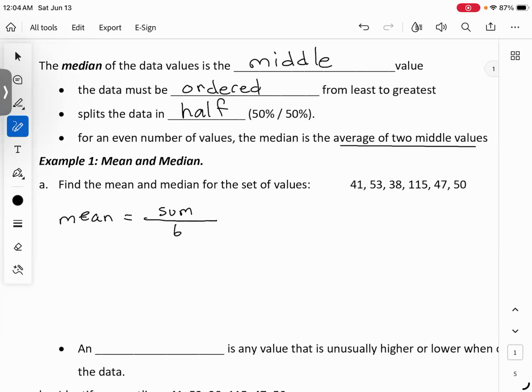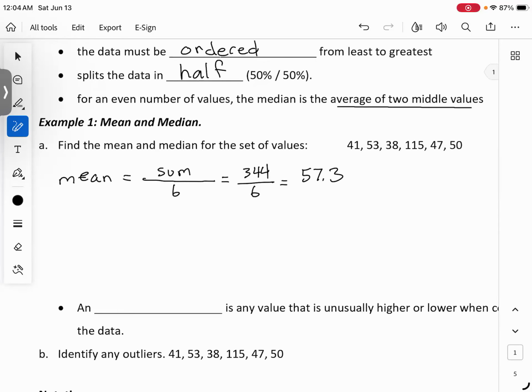Again, I'm just going to refer back to the little calculation up there: you get the sum and then you divide by the number of numbers. And again, you would come up with 344 divided by 6. And if you get a decimal, if it doesn't say otherwise, again, in 2.1 I was saying at least two or three decimal places. Today, one is fine, but you would get 57.3 for the mean.